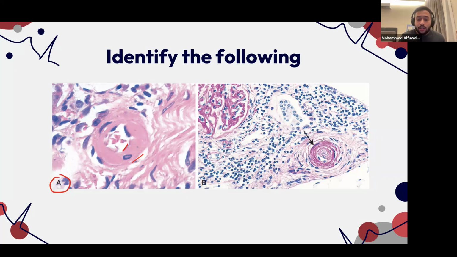This, on the other hand, is what form of arteriolosclerosis? Hyperplastic, and it's often described as onion skin appearance. Okay, this happens with what pathology usually? Malignant hypertension, which is basically blood pressure above 180 over 120. Okay, very high blood pressure.